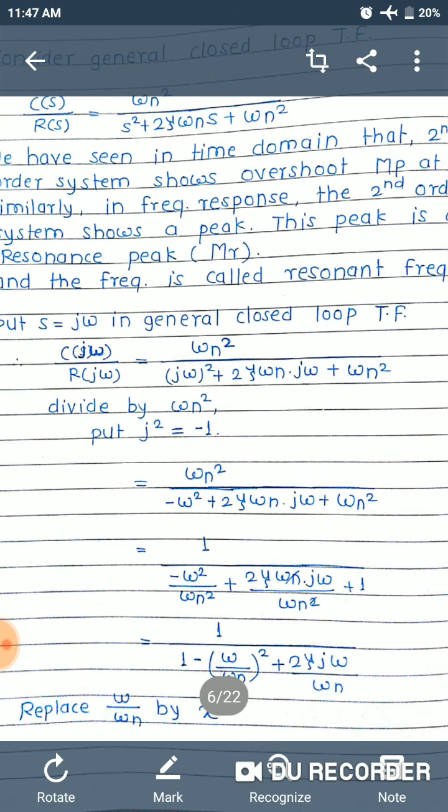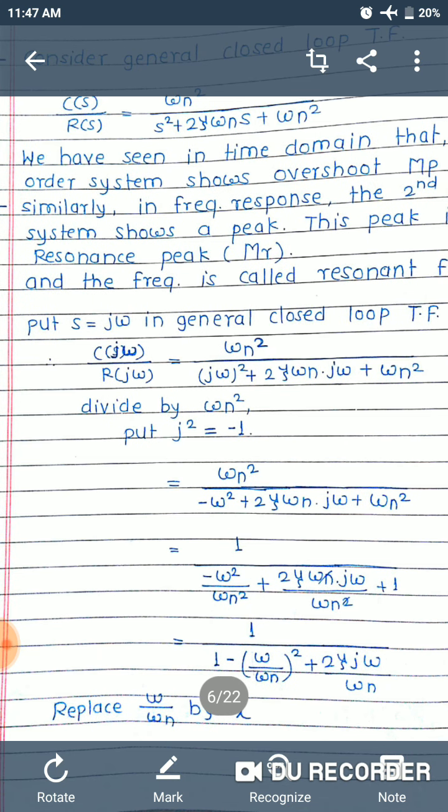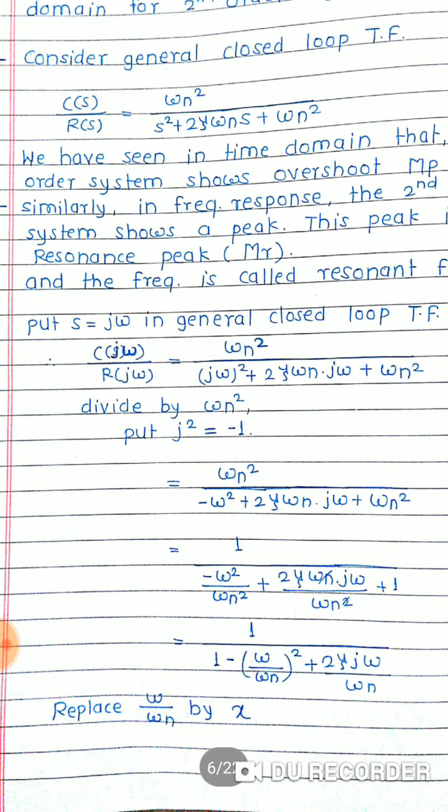After division, we get the next step: C of j omega divided by R of j omega is equal to 1 divided by (1 minus omega square divided by omega n square plus 2 zeta j omega divided by omega n). We have just rearranged the terms.